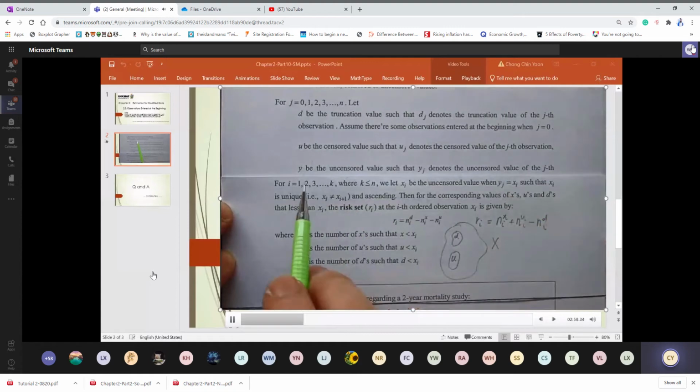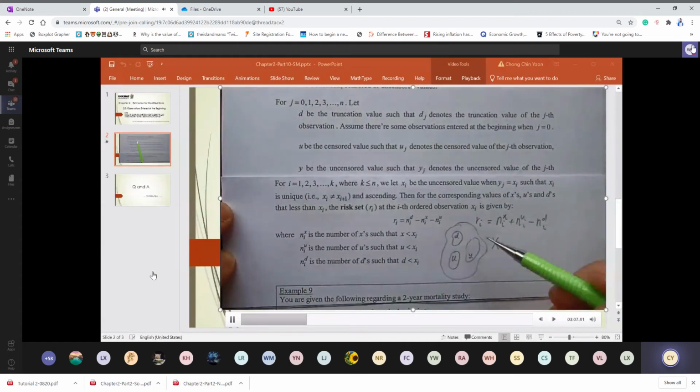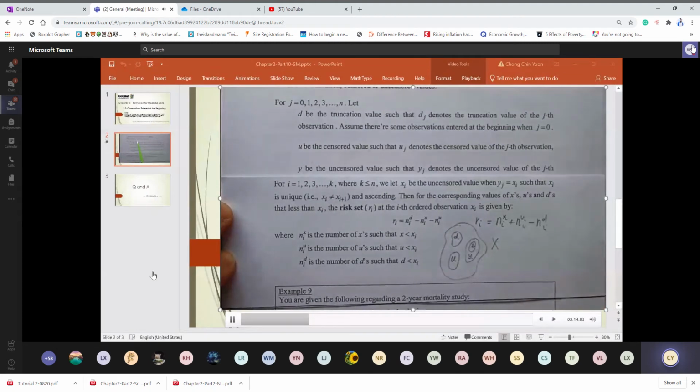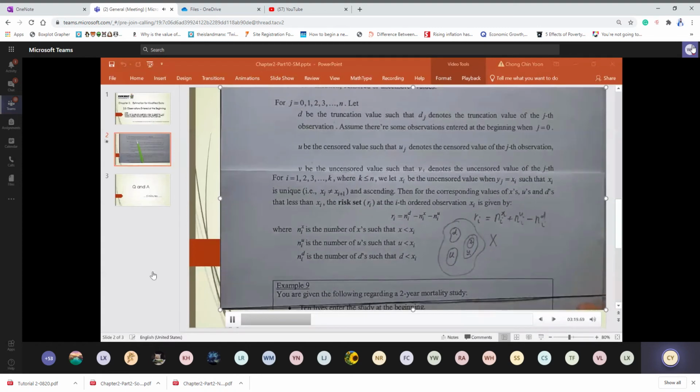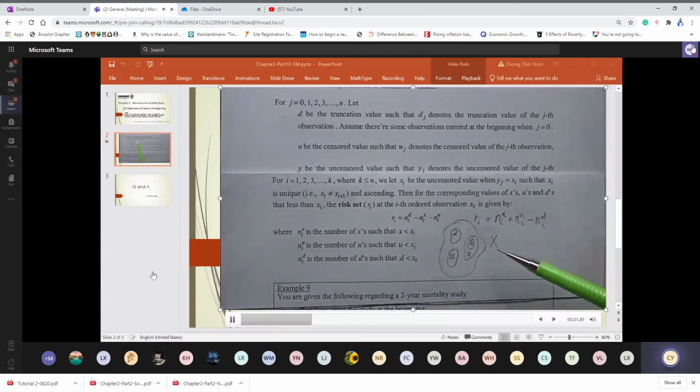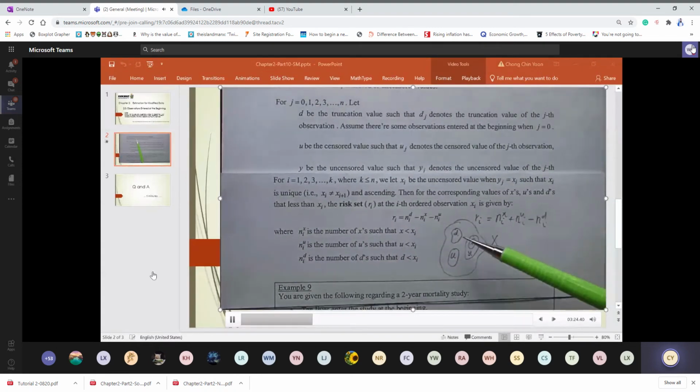We have y, that is the uncensored value. And inside this set y, we may have another subset of y that consists of the x values. So it's the same as what we have learned previously: in this set of the random variable x, perhaps we have truncation values, censored values, and uncensored values.